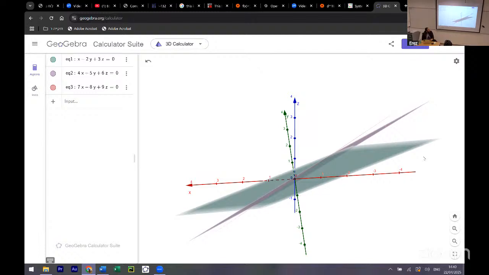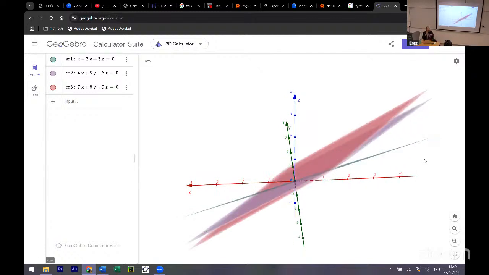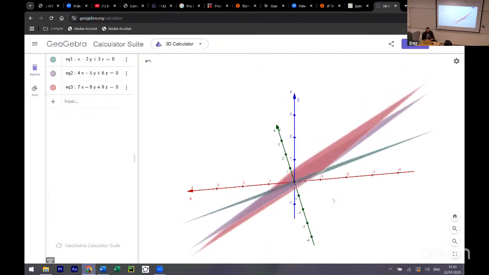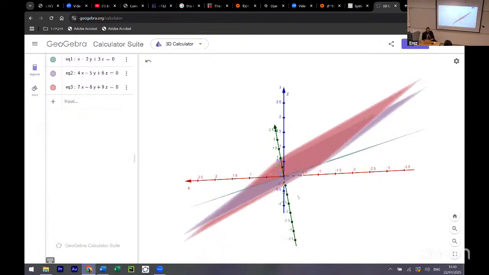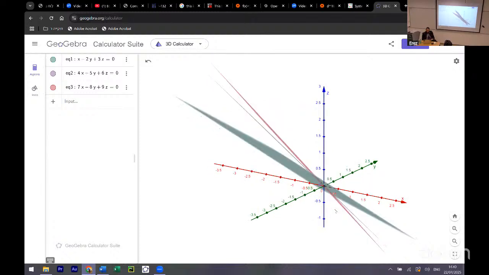It's a line? It's a line because they all go through the same line. Trying to find a good angle. They're quite close to one another.